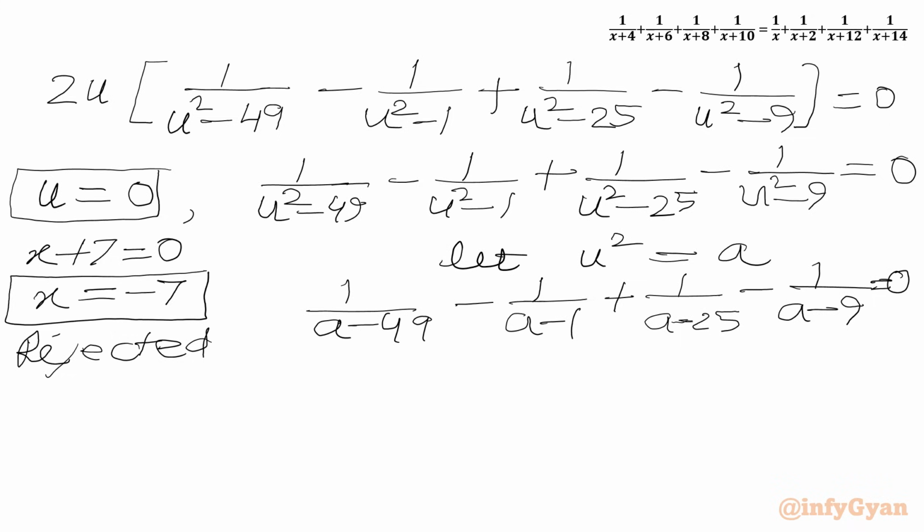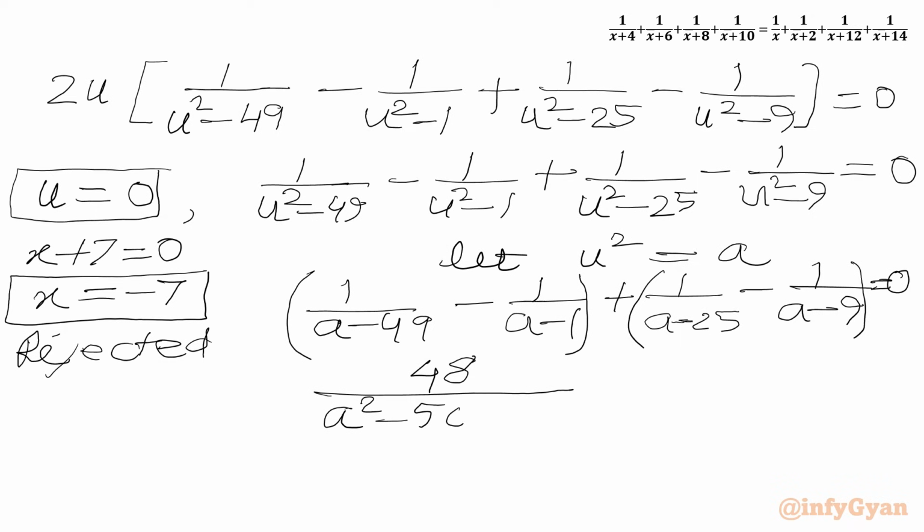Now we will take LCM. So I will write in the numerator a minus 1 minus a plus 49, which will give us 48 in the numerator. And in the denominator, once we multiply a minus 49 with a minus 1, we are going to write a square minus 50a plus 49, plus a minus 9 minus a plus 25.